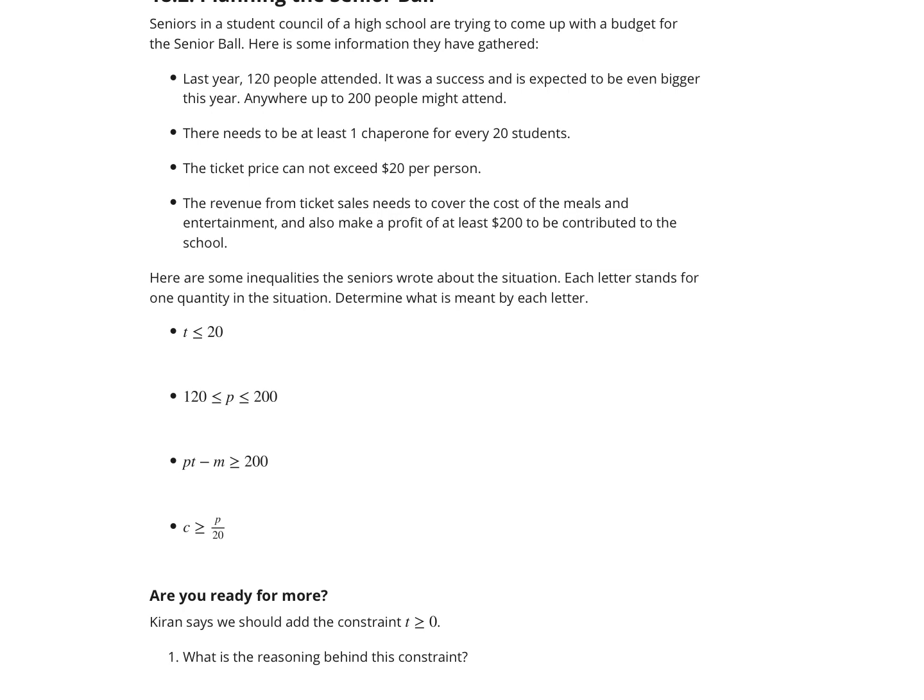So let's start with the letter t. I know for my inequality, t is less than or equal to 20. So that tells me that t, the ticket price, must be less than or equal to $20.